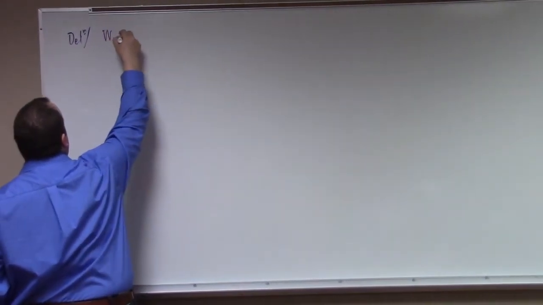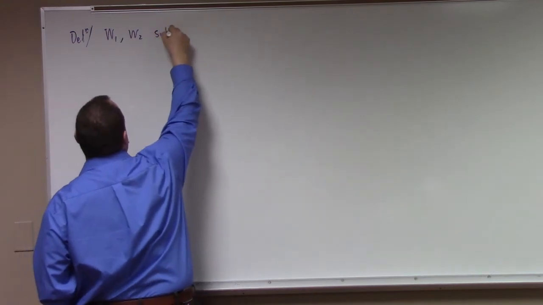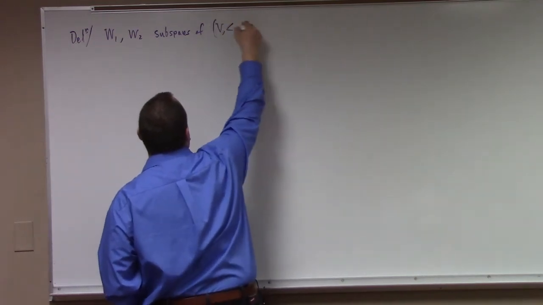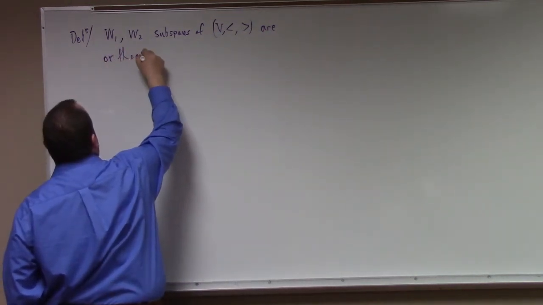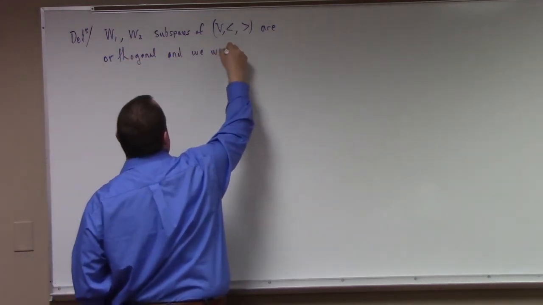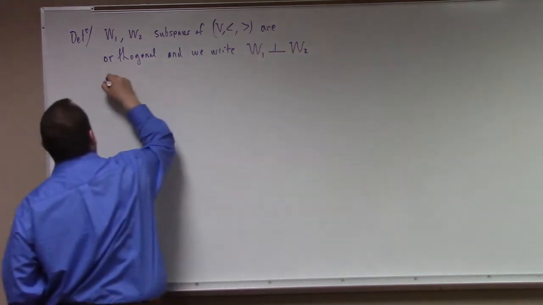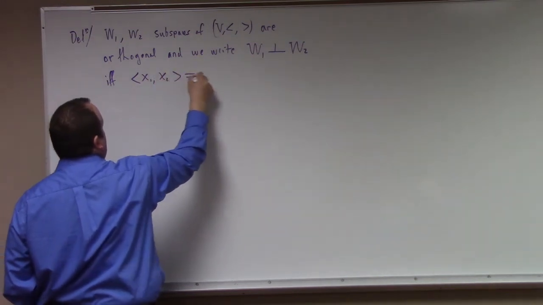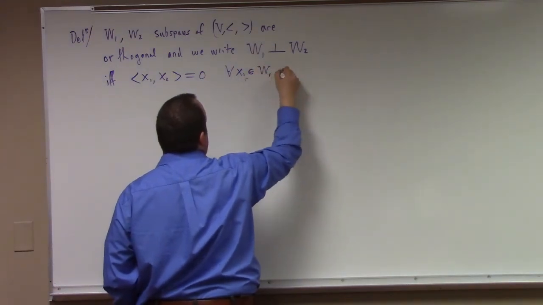Definition: W1 and W2, subspaces of an inner product space like this, are orthogonal, and we write W1 perp to W2, if and only if the inner product of x1 and x2 is equal to 0 for all x1 in W1 and x2 in W2.